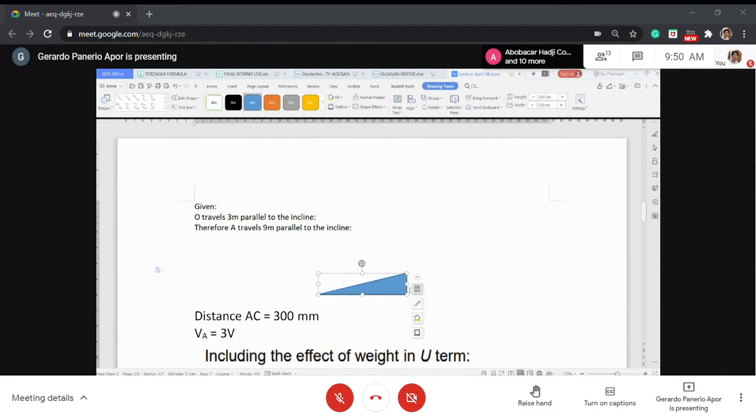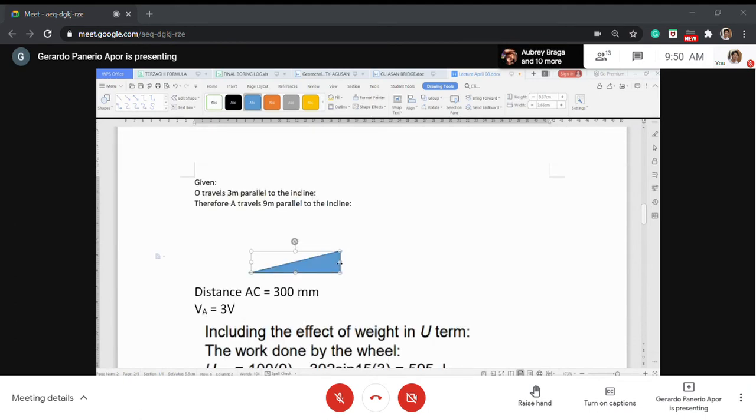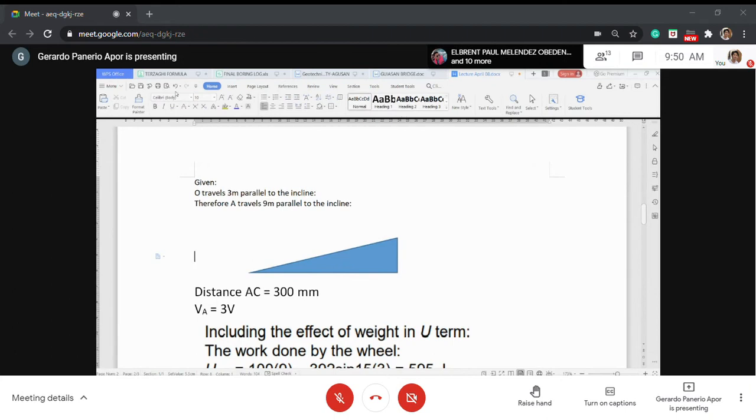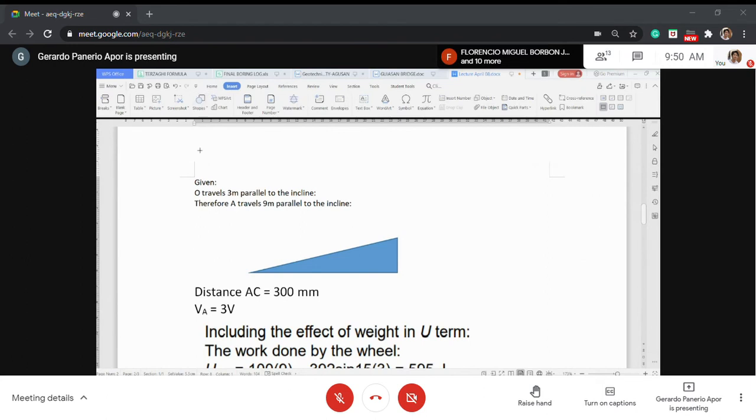Okay, so this is the incline. That's the incline, 15 degrees. And then I drew the point O here.